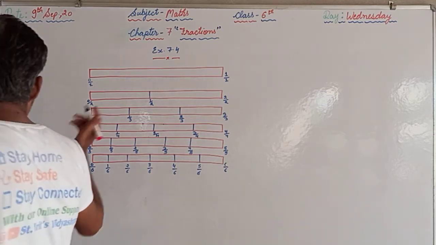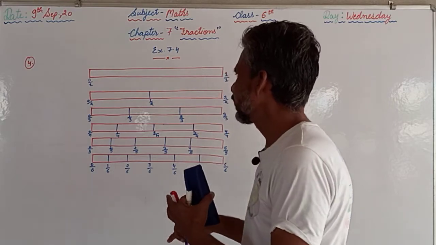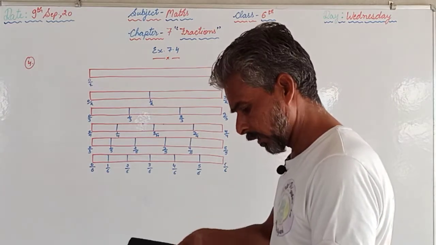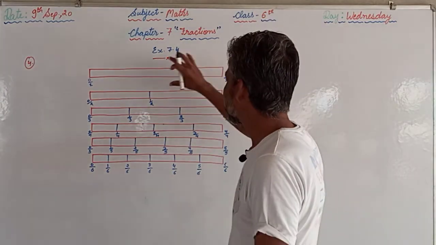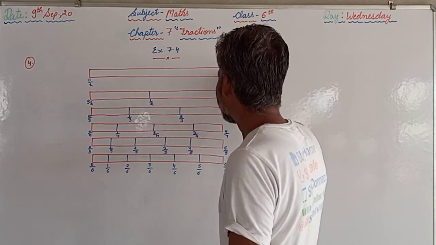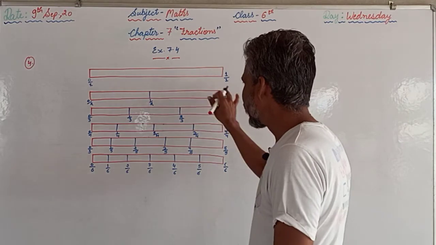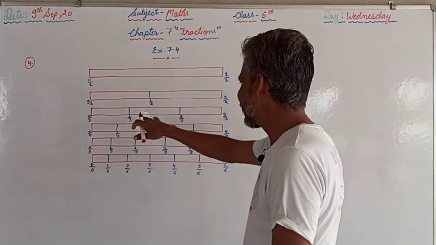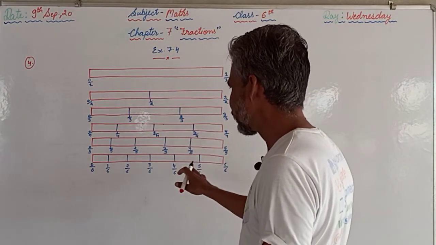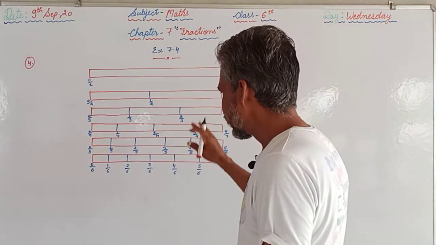So I have already written question number 4 that is given in the book, that the fractions are given. Here it is 1 out of 1, means one part is there only. Here 2 parts are there, 2 out of 2. Here 3 parts, 4 parts, 5 parts, 6 parts, up to 6 parts we are having.